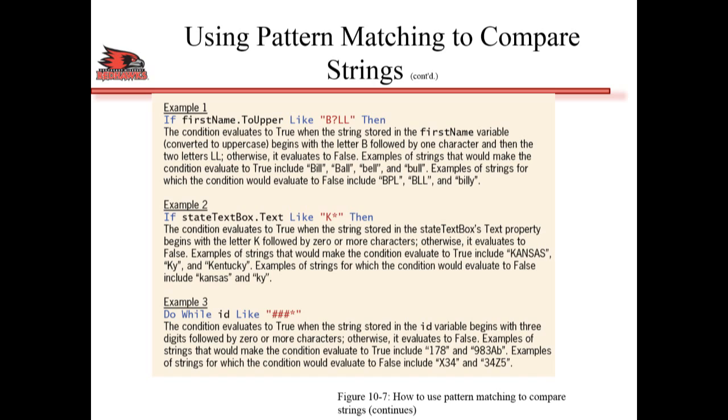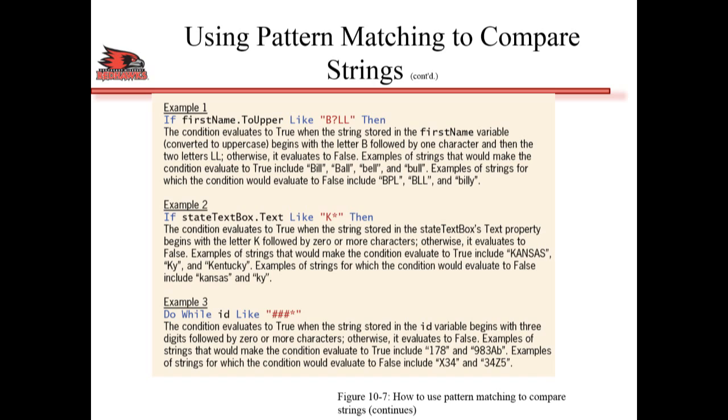So the first example is we're looking at the string called first name. We converted it to uppercase, and we want to see if it looks like B question mark LL. So if the string starts with a B, then there's another character, and then two L's, return true, otherwise false.